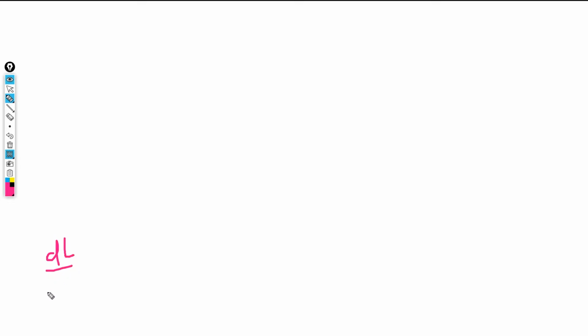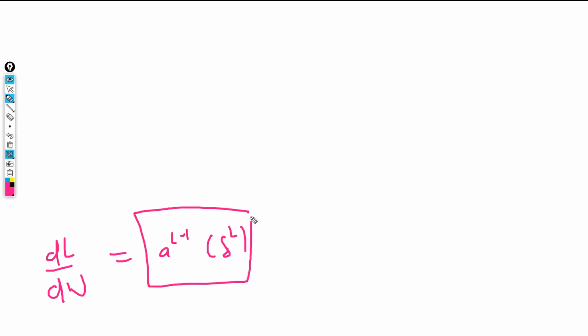Basically we have dL by dW, and for this what we had is a^(L-1) and delta L. Okay, so we have this, and this is for the last layer.